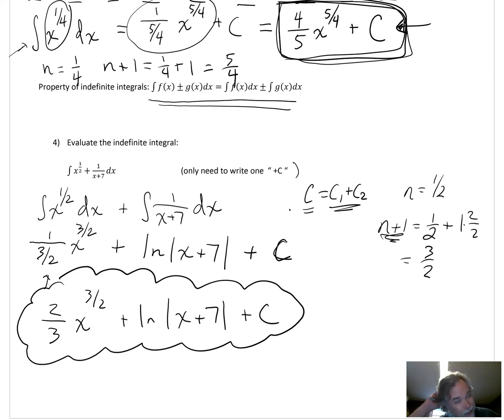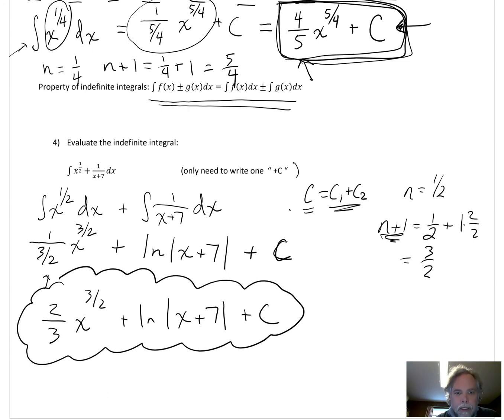So what am I talking about? Well, you see how if it's 1/4 and you add 1 to 1/4, you get 5/4. Then it will turn out to be 4/5 x to the 5/4. So the reciprocal in front times x to the power. Sometimes I think people just try to memorize it that way, but then the memorization catches them out, and they get some different things wrong about that.